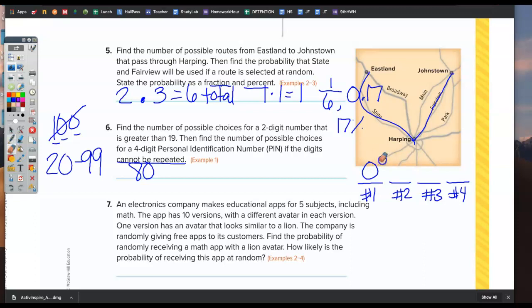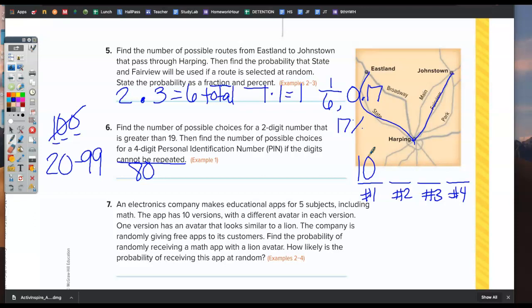How many single-digit numbers are there? There would be 0, 1, 2, 3, 4, 5, 6, 7, 8, 9, because you can't use 10 since it's a 2-digit number. Therefore, there are 10 total possible choices for the first digit.